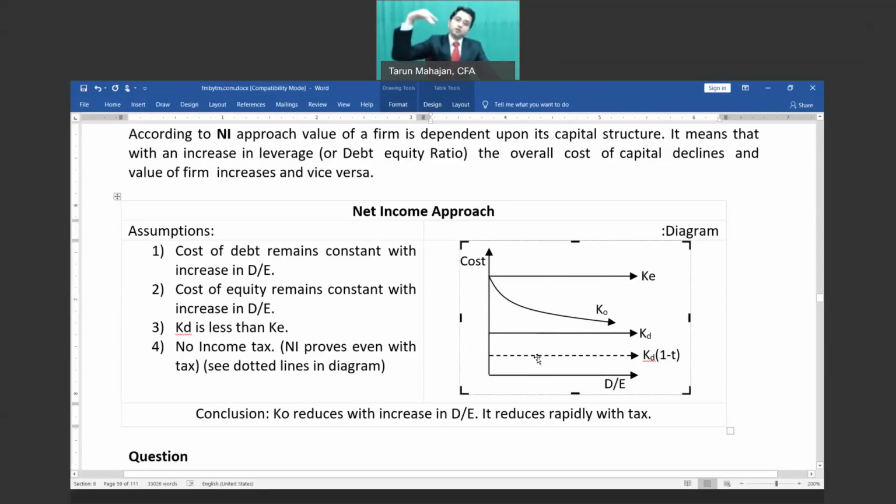And therefore, the overall cost of capital will see a rapid fall. See, the dotted line is the with-tax situation. The KD is further less, and that's why the overall cost of capital also reduces faster.